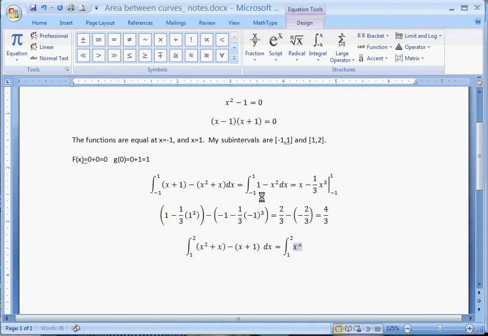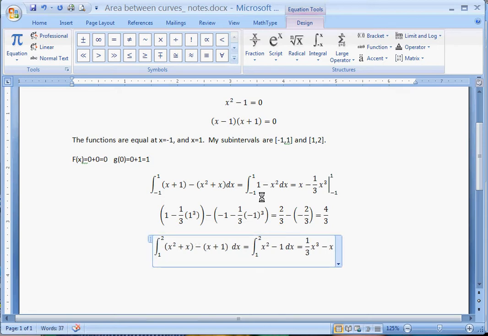And that comes out to x squared minus 1. Now, when we're integrating, we've already done that, so let's do it fairly quickly here. It comes out to 1/3 x cubed for the integral of x squared. For the integral of negative 1, that's negative x, and we're going to evaluate that from 1 to 2.